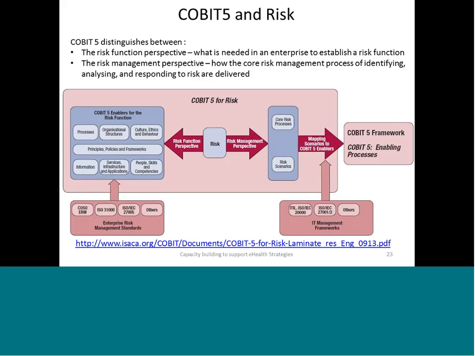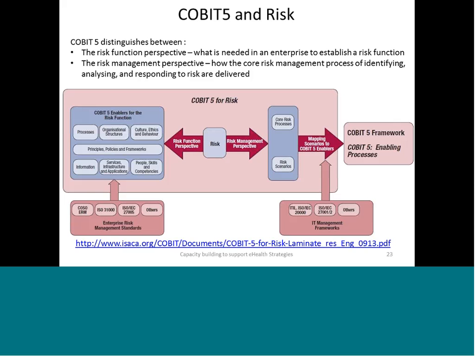In COBIT 5 for risk, this helps us deal with the other part of the two sides. So we've looked at the improvement of the business and delivering a better business value, but then you've got to think of the other bit, which is to do with how you manage risk.